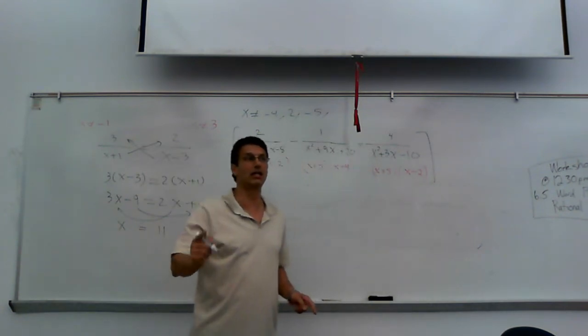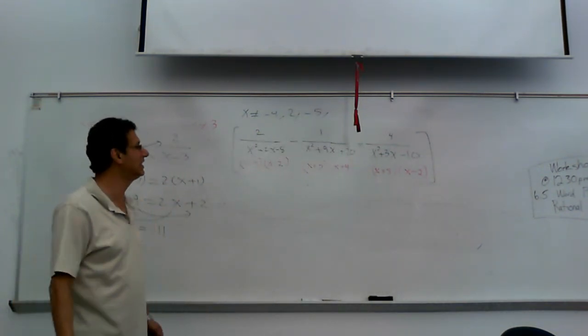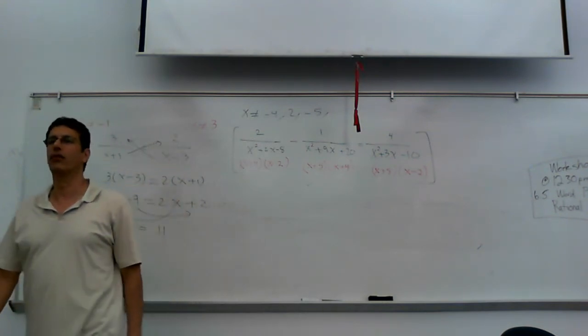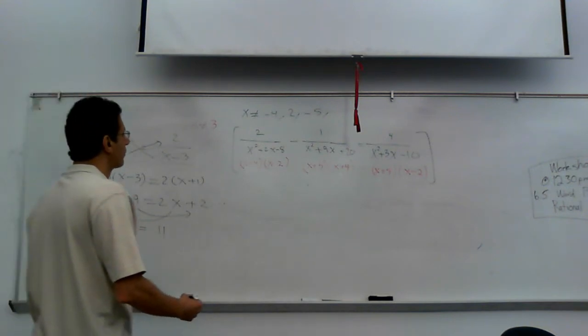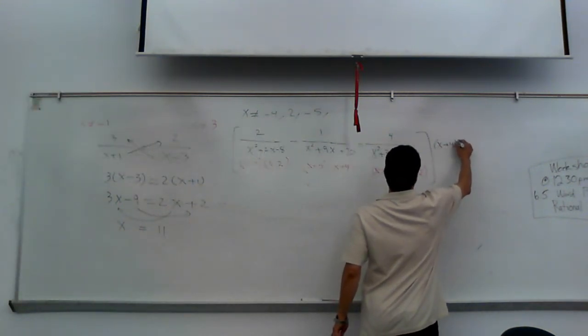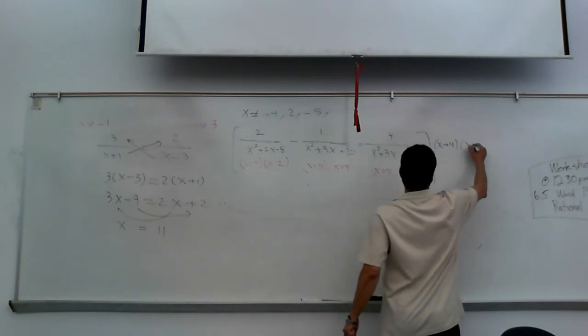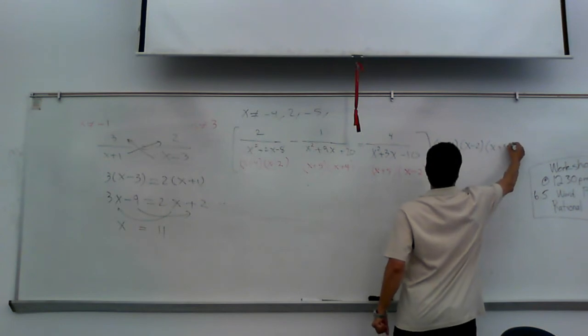Both sides is different than raising fraction. Both sides by the LCD. Can you tell me for all those fractions, there are 3, what is the LCD? X plus 4, x minus 2, x plus 5.